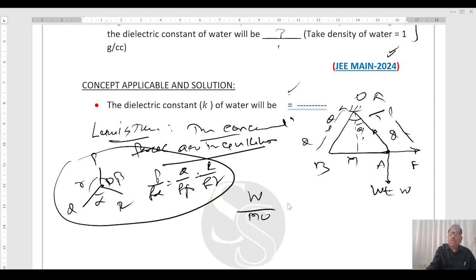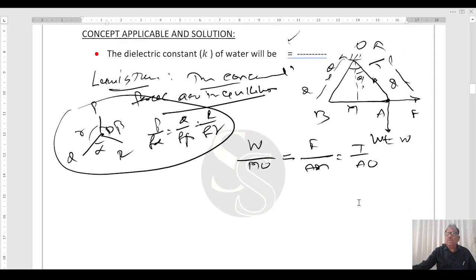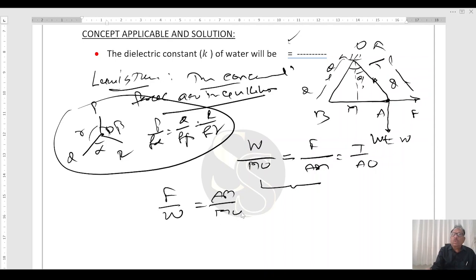W corresponds to M, F the electrostatic force corresponds to AM, and tension corresponds to AO. Right? Now, rearranging it, F upon W will be equal to AM over MO.